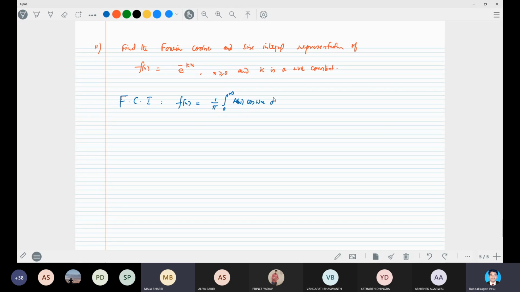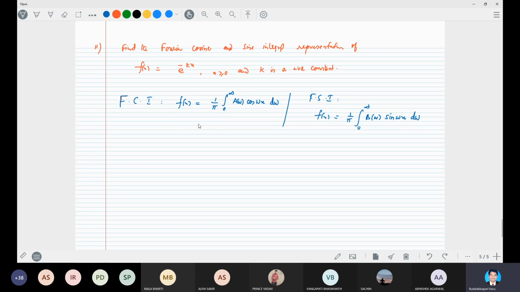Fourier sine integral: 1 by pi integral 0 to infinity B(omega) sin omega x d omega.